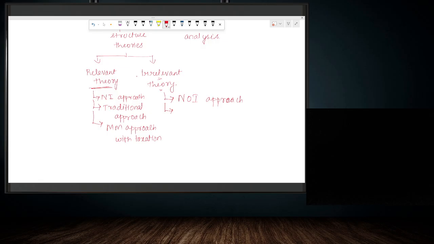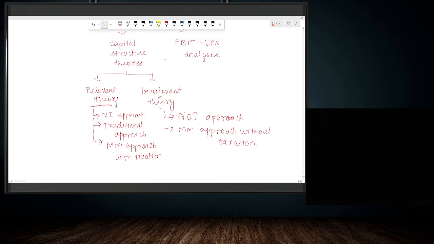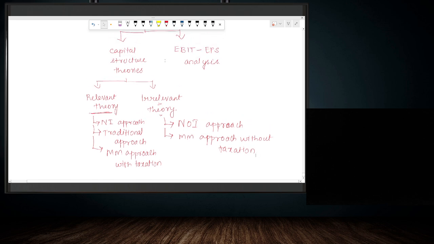It is irrelevant in the sense of theory, it is not irrelevant from your exam perspective.